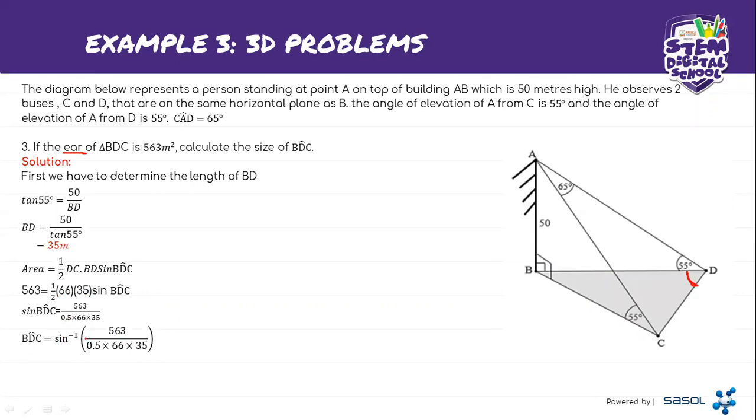Then you're going to press shift sine on your calculator, then you press this fraction there, all right? And then let's see what is going to be our angle. Then our angle is going to be 29.17 degrees. So that's how you should calculate that angle D, okay?